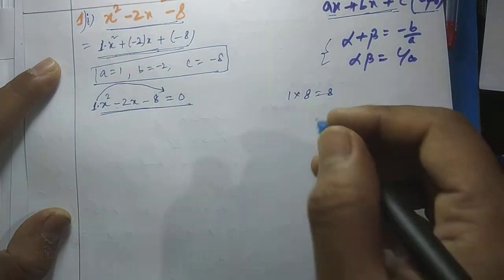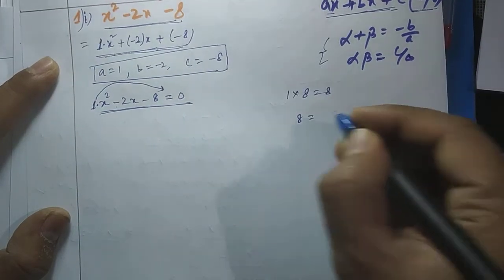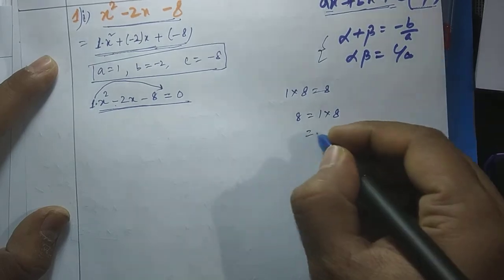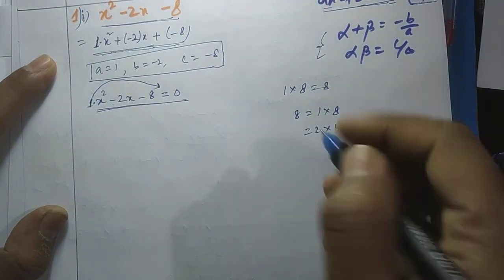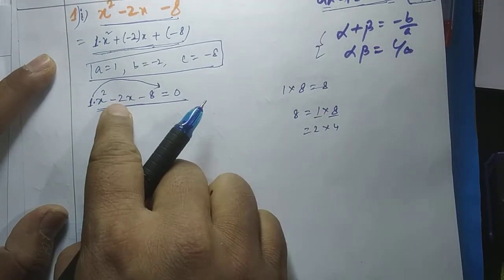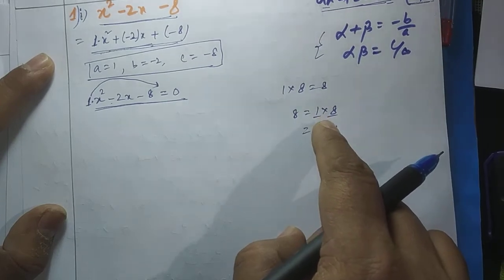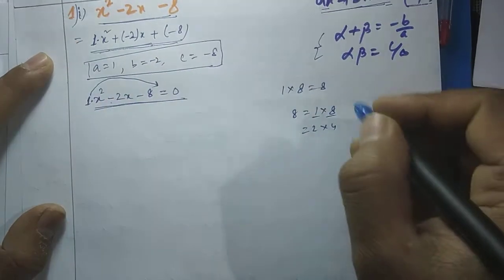Right? So for this purpose, this 8 can be factorized as 1 into 8, or 2 into 4. Understood? Here if we take 1 and 8, we can never bring minus 2 in the middle by using them.